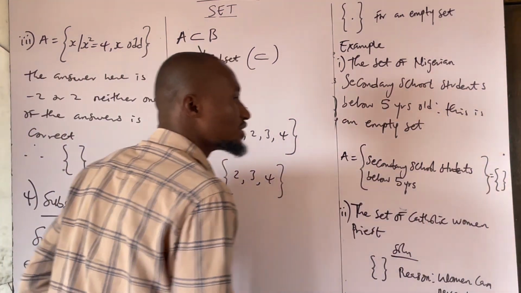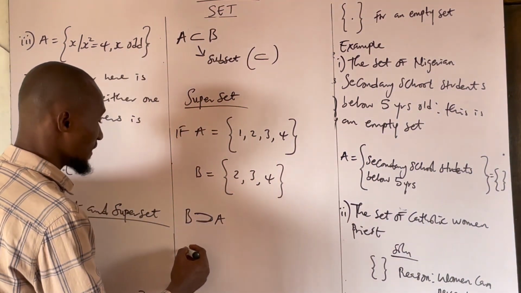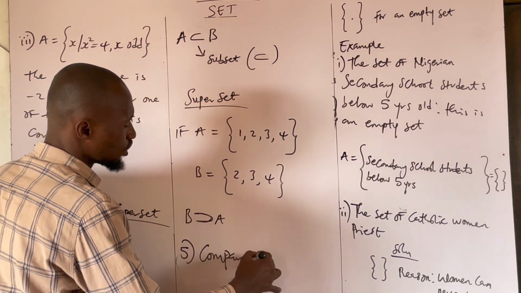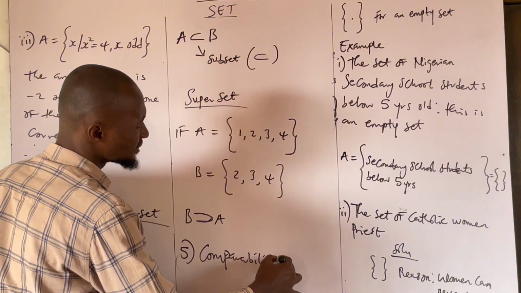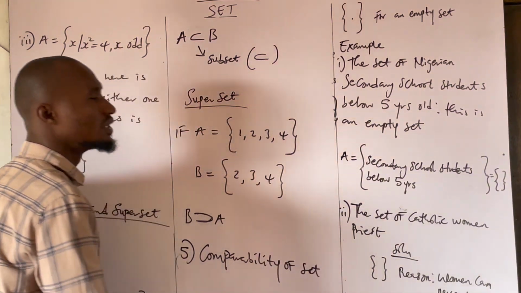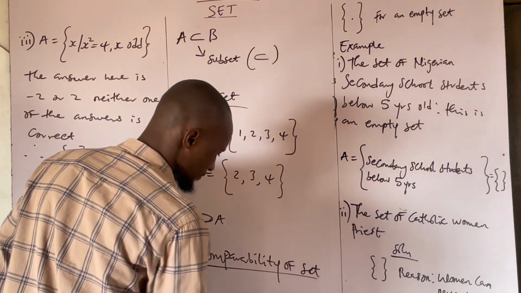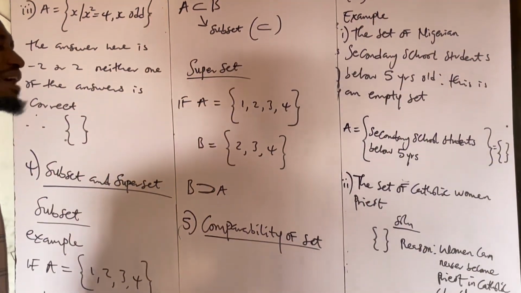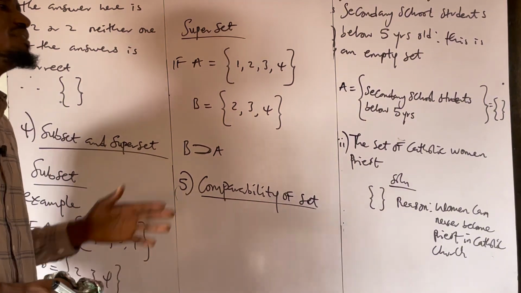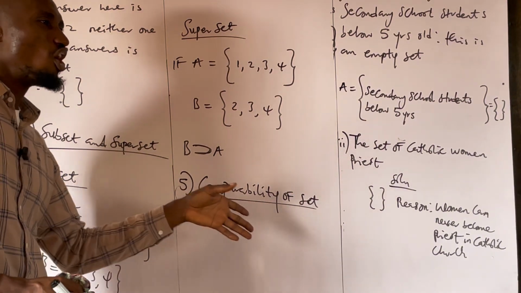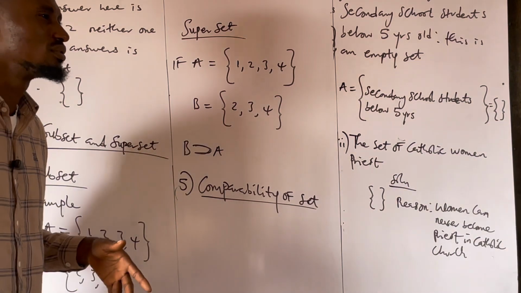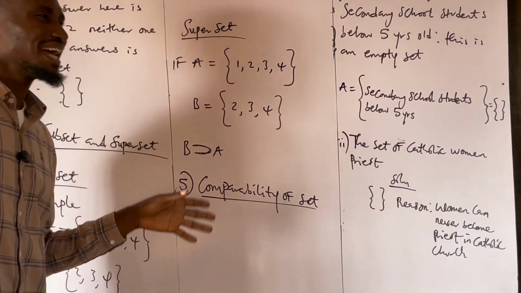Next is comparability of sets. Number 5. Comparability of sets. Now here, sets are comparable when the "if or" is used, and sets are incomparable when "if and" is used.